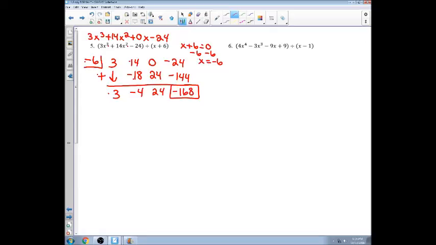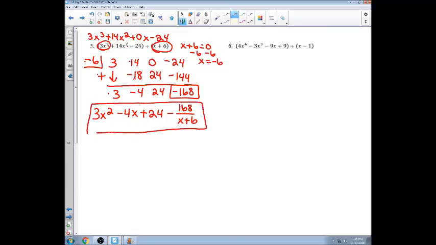So now, 1 less than my initial degree, which was 3, it's going to be 3x squared minus 4x plus 24 minus 168 over what it told me originally I was dividing by, which is x plus 6. And I am done. Okay?